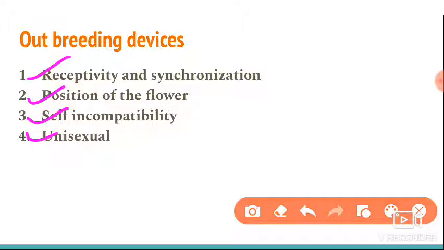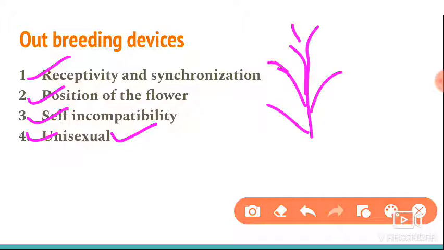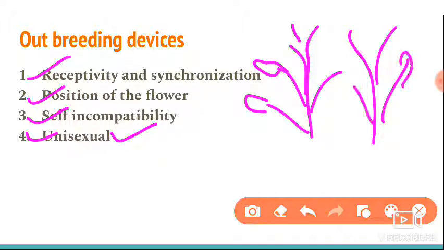But the majority of plants produce hermaphroditic flowers. Some produce monoecious flowers. If plants produce unisexual flowers in a dioecious way, the male plant is different and the female plant is different, the complete plant is different.